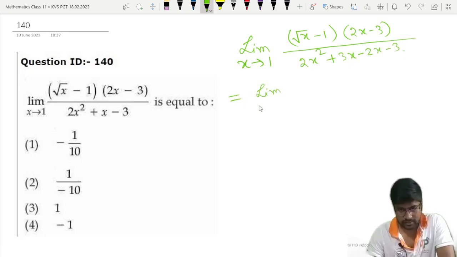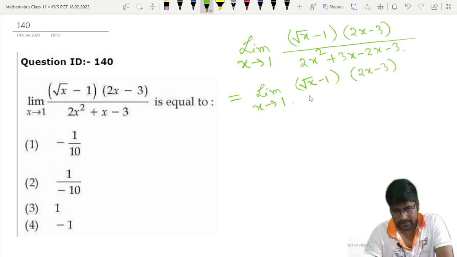Then what I will do: limit x tends to 1, root x minus 1 into 2x minus 3 divided by, taking x common we get 2x plus 3, then again taking minus 1 common we get 2x plus 3.